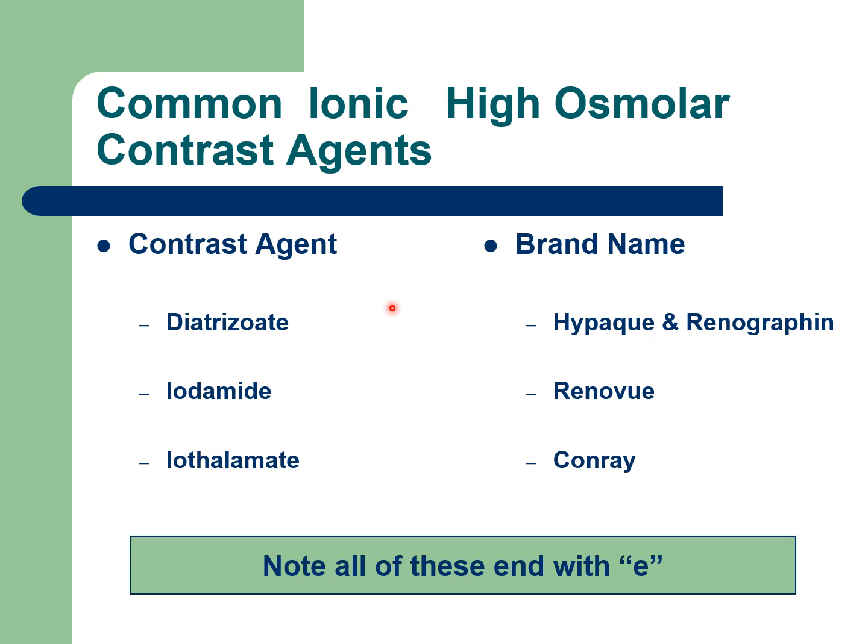Those are the brand names. This is the contrast agent within them. Diatrizoate is what's in Hypaque and Renografin. Iodamide is what's in Renovue. Iothalamate is Conray. All of these are iodine, but it's the way that the contrast agent is put together, with the iodine and all the side chains and everything. So they're different brands and they act a little bit differently.